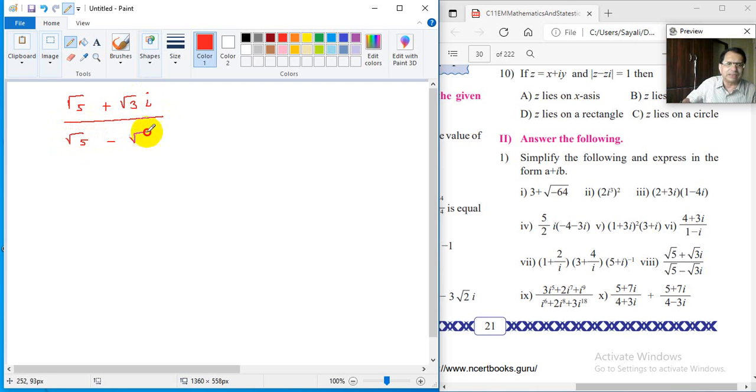So now there is nothing here. This is just a sheer division of two complex numbers. You know what you have to do. Take the denominator, calculate its complex conjugate and multiply and divide. So we will multiply and divide by root 5 plus root 3i divided by root 5 plus root 3i.